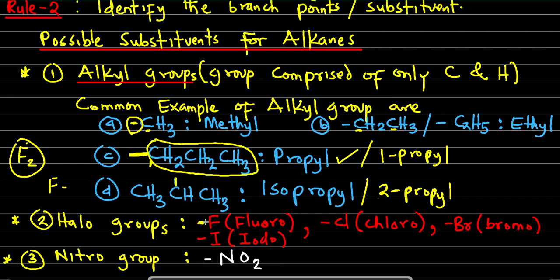Number 2 says identify the nature and the type of substituent. All right, so the first one was for us to identify the parent chain. The next one was for us to see how to interpret compounds in line forms into their normal basic carbon hydrogen forms.